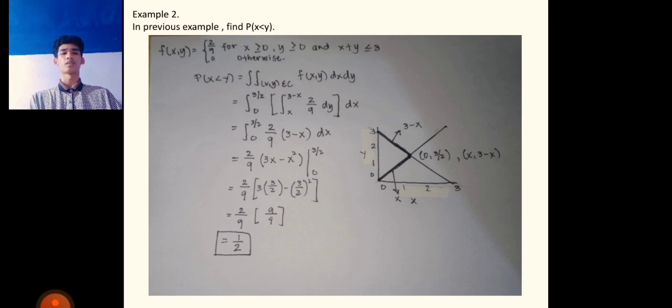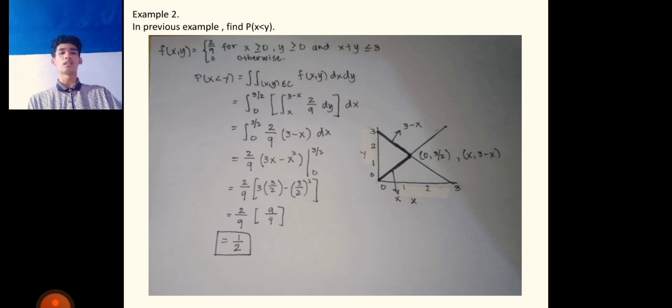So the integral of 2 over 9 times 3 minus 2x dx with upper bound of 3 halves and the lower bound of 0. So x times 3 minus x is 3x minus x squared. So 2 over 9 times 3x minus x squared with the upper bound of 3 halves and 0.